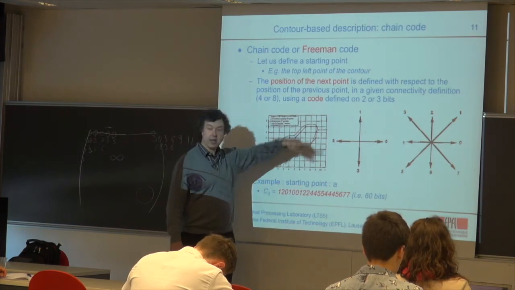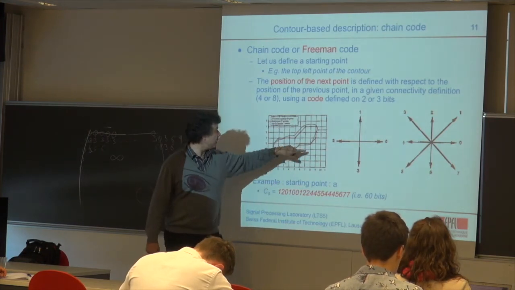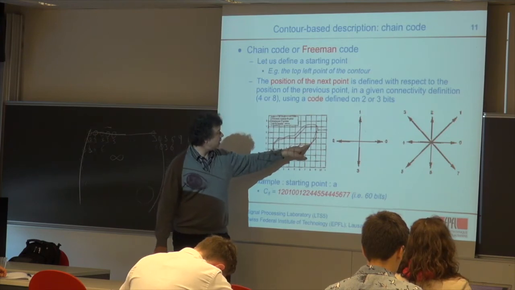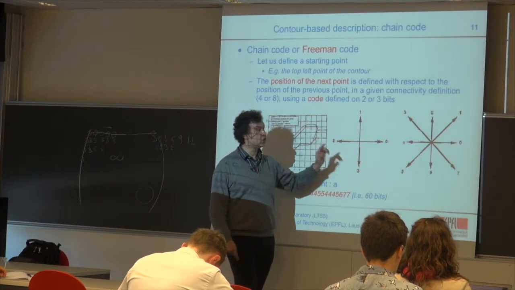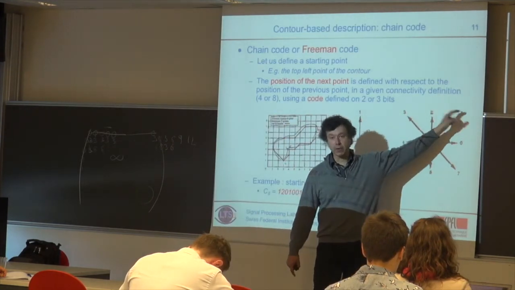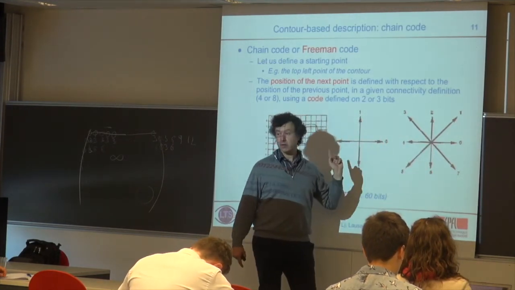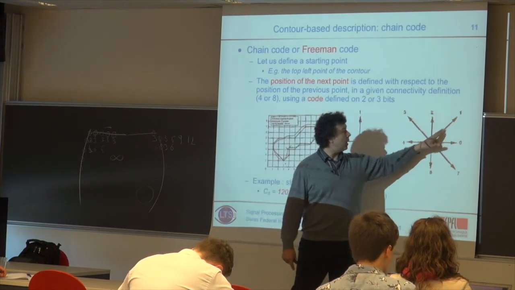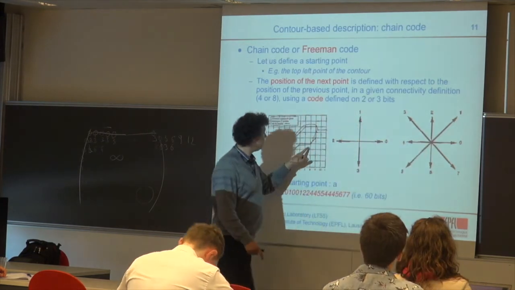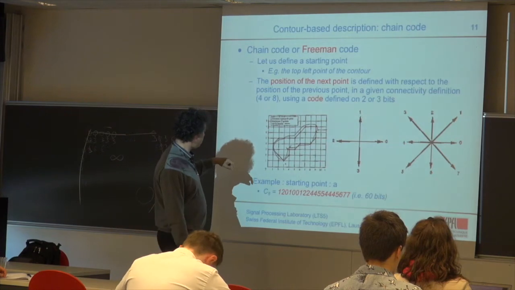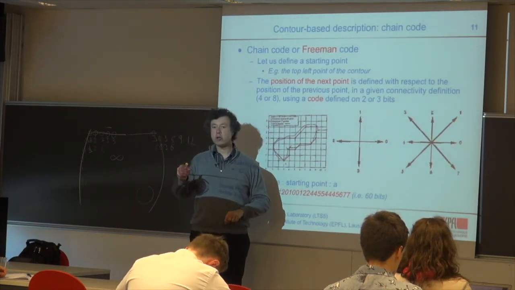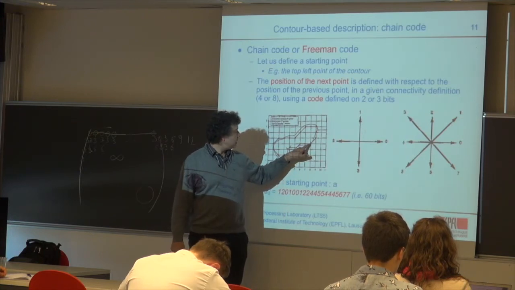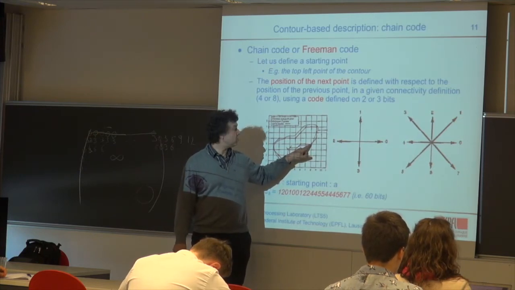So if I'm here and let's say I'm turning counterclockwise, the next point is here. Let's give a code for this direction. Let's say this direction is 1. You can do 4 or 8, but I do 8. So basically starting from here, where do I start? I don't know, but let's say starting from here, I will represent my contour as saying next point is in direction 1.